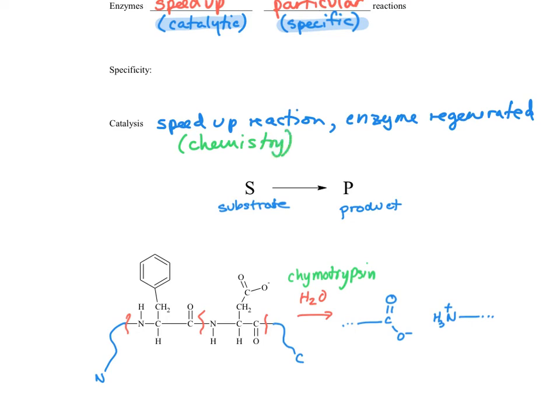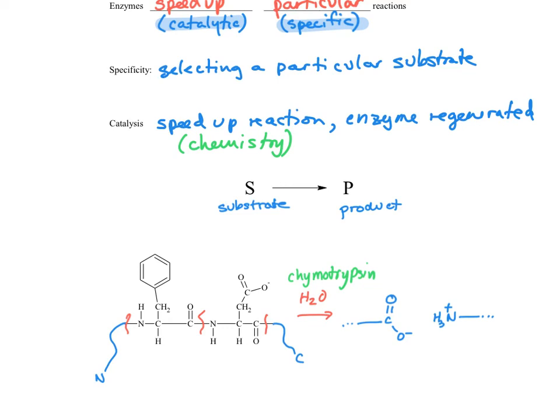This is all about chemistry. But specificity is related, but it's very different. Specificity is selecting a particular substrate, and only that substrate. For instance, chymotrypsin in your intestine breaks down amide peptide bonds. It doesn't break sugar bonds. It doesn't break fat bonds. It only breaks peptide bonds.